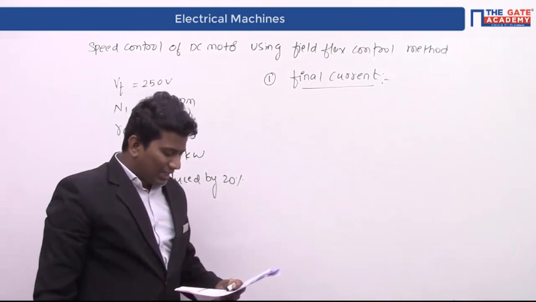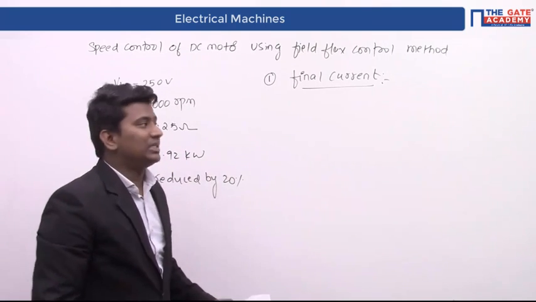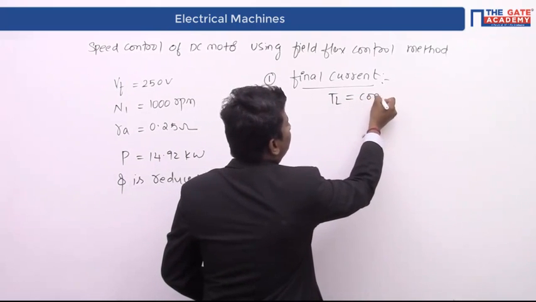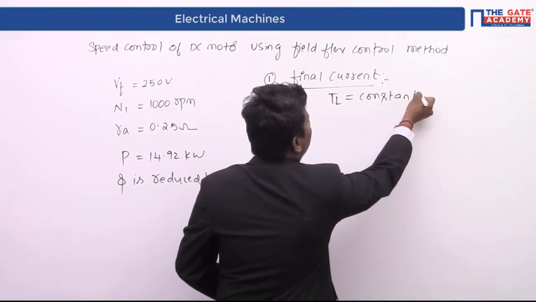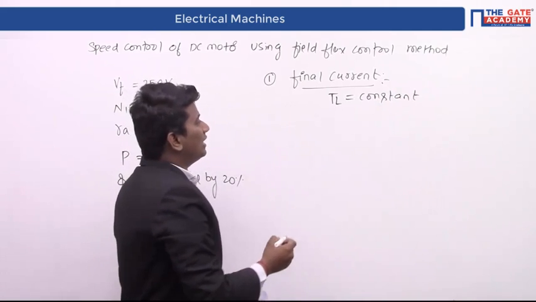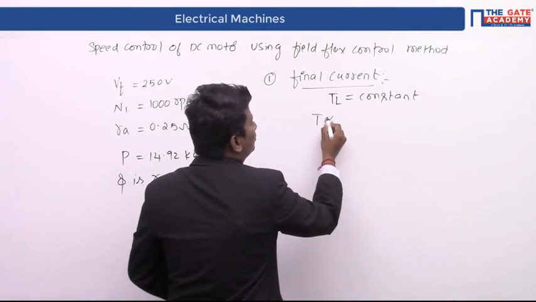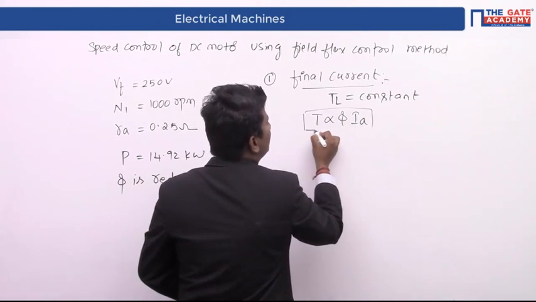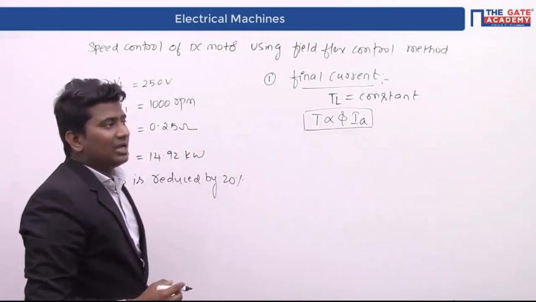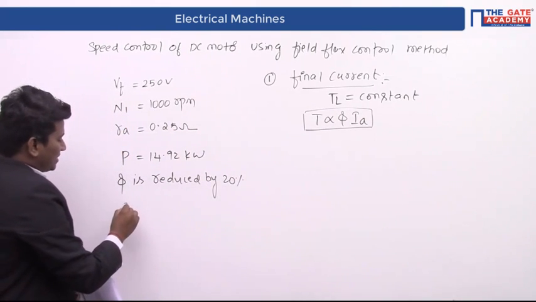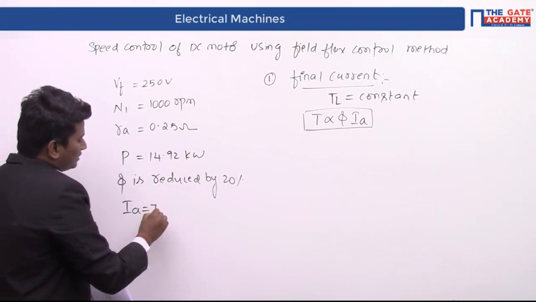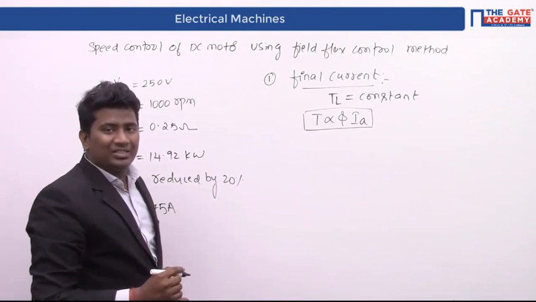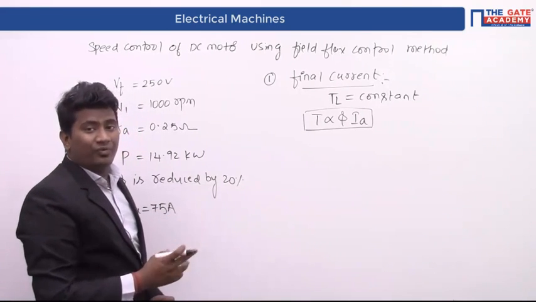They have given one condition: load torque remains constant. Remains constant means, as we know, torque is proportional to flux and armature current. What is the armature current they have given in the question? 75 amperes. So torque remains constant even though flux is reduced by 20%.